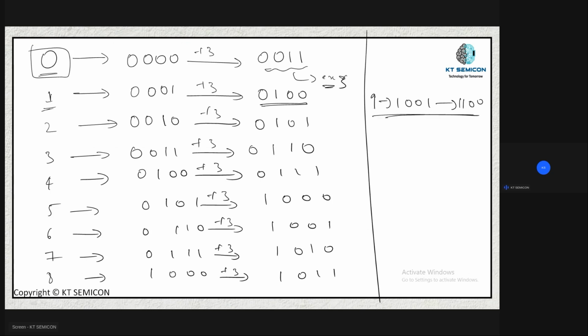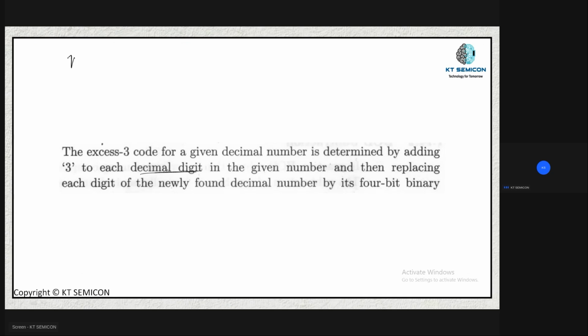So up to here we complete our BCD numbers. Up to only 9 we can represent. Now these are our Excess-3 code representations of all the numbers which we have written. Now let's say I want to find the Excess-3 code for 12. Then I cannot simply write 1100 and add plus 3 to it.